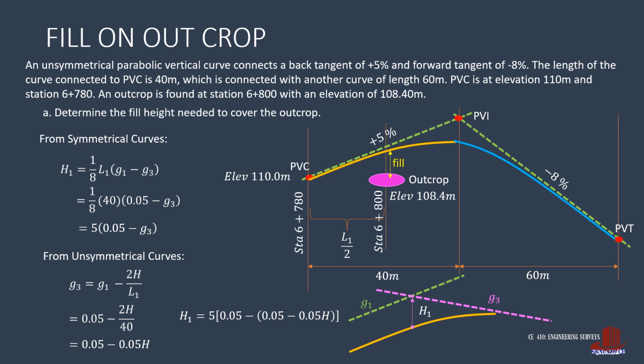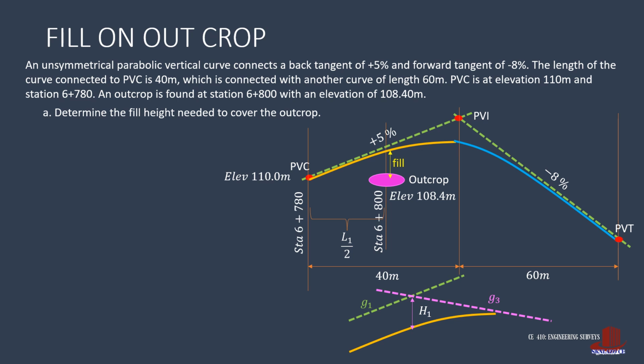Substitute this into h1 and get 5 of 0.05 minus g3, which is 0.05 less 0.05h. Cancel out 0.05 and get h1 as 5 of 0.05h, which makes 0.25h. All we have cleared out right now is h1 in terms of h.